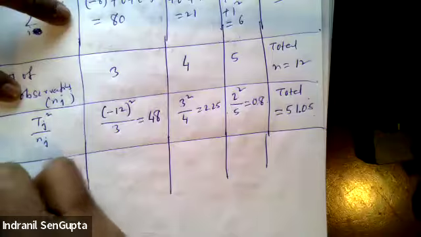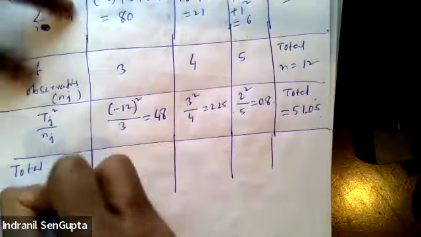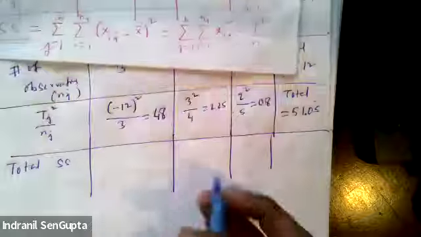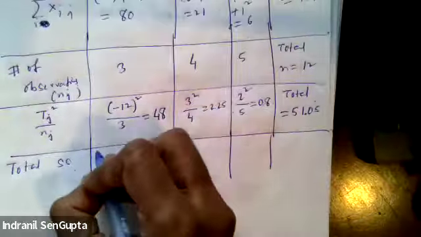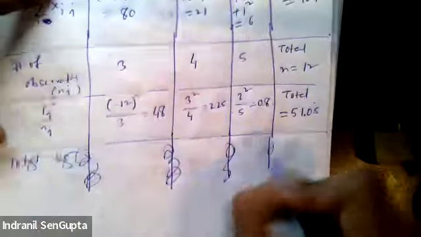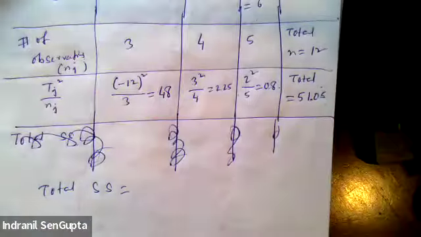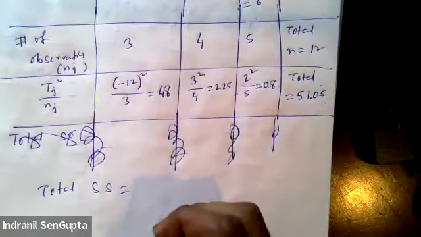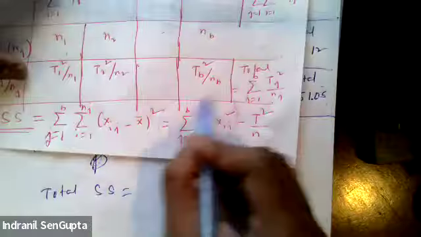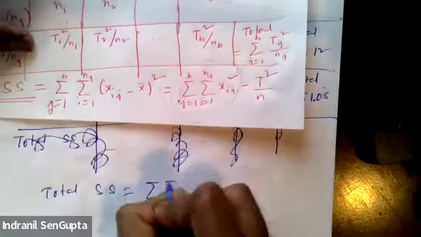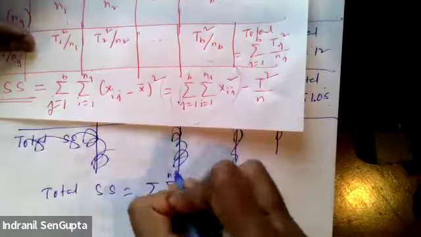Now the total sum of squares, total SS. I'm going to the next part of the table, total SS. So how do you compute this? I don't need this table here, sorry. So for the total SS, I'll now be using all these values. So this is the summation, i from 1 to nj, j from 1 to 3 in my case.